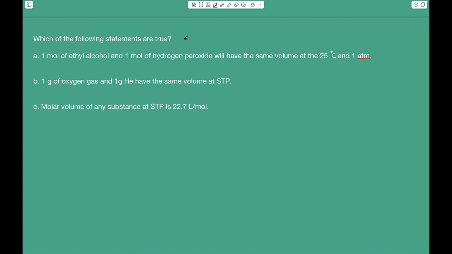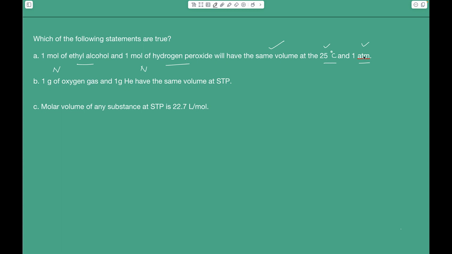Now, which of the following statements are true? We have 1 mole of ethyl alcohol and 1 mole of hydrogen peroxide at the same temperature and pressure. Will they have the same volume? We have equal number of moles, or the amount of substance is same, so we have equal number of molecules and they are at the same temperature and pressure. Then they must have the same volume, right?